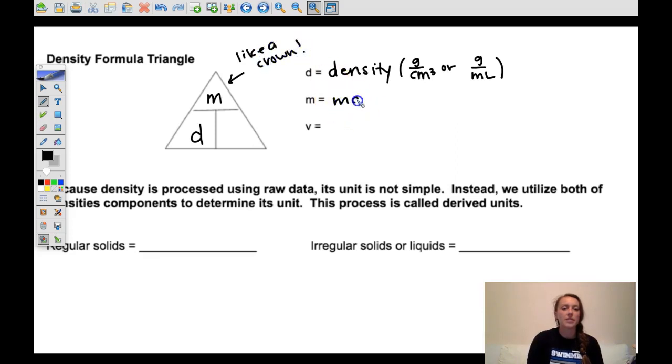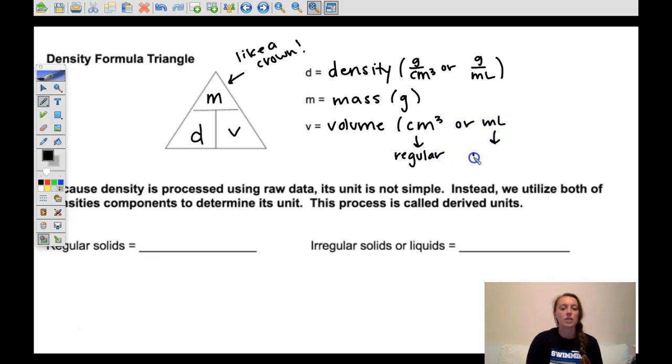And M stands for mass. And for us, we're only going to use the gram because that's what our balances measure. And in this bottom right corner, we have V, which stands for volume. And remember that we actually have two units for volume. We have cubic centimeters for regularly shaped objects, those cubic objects, or milliliters for irregular objects or liquids.